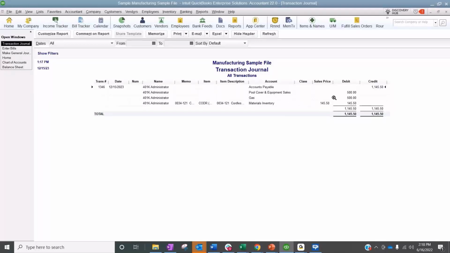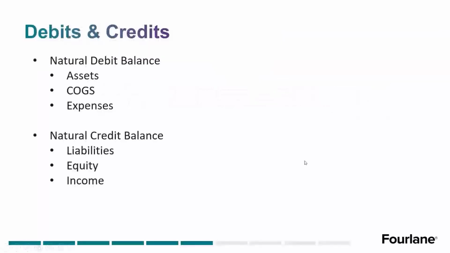Also debiting $500 to gas expense, which would actually make it go up. And then debiting materials inventory, which is where this item points. It's going to be a debit there. Materials inventory just happens to be an asset, so it's going to go up.